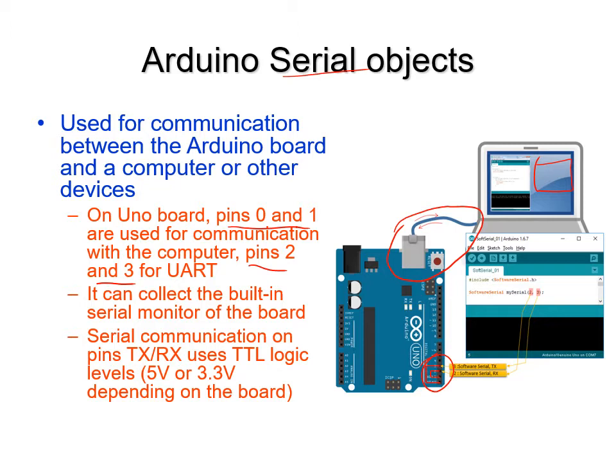The serial communication pins are TX, where TX means transmit, and RX, which means receive. They use TTL logic. TTL means transistor-to-transistor logic, and they can use either 5 volts to represent a high level, or 3.3 volts to represent a high level.